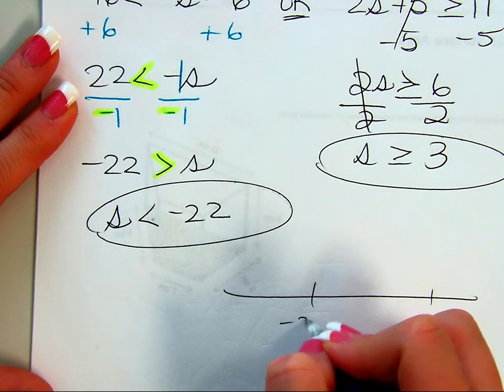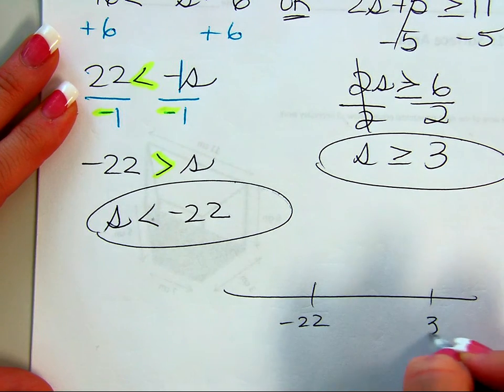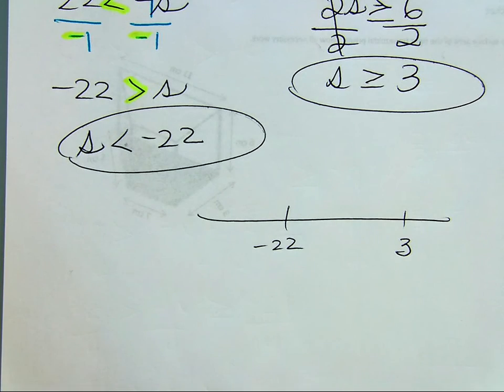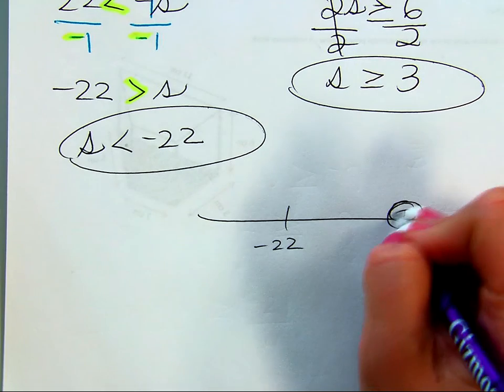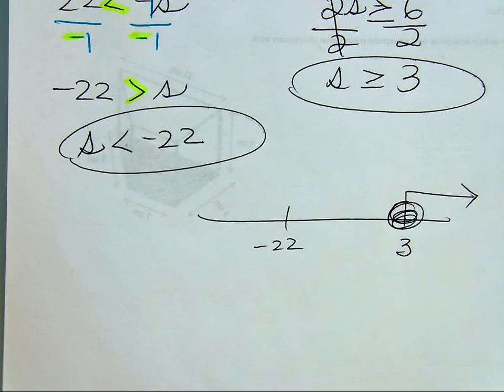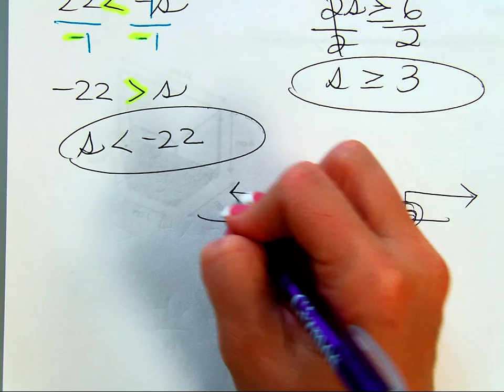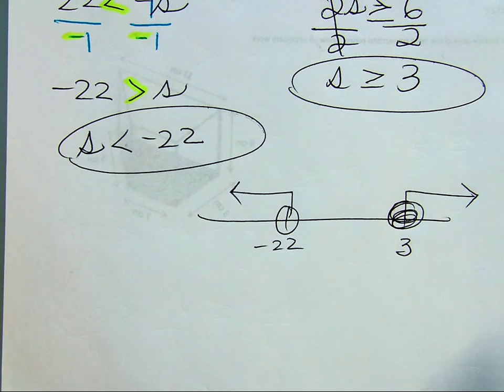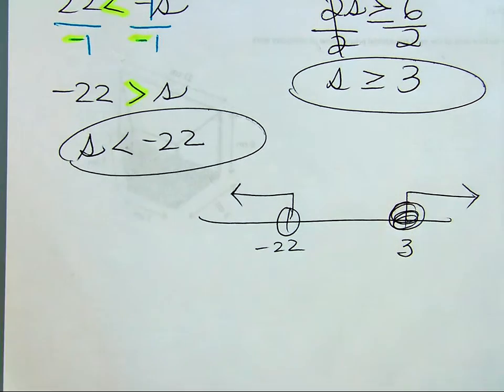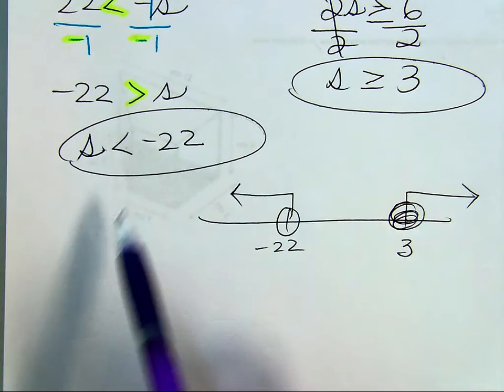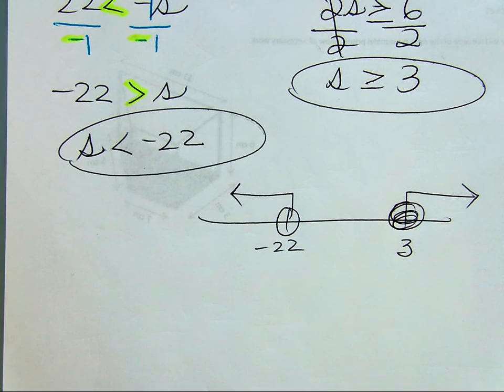Negative 22 is over here. 3 is over here. Here's all the numbers greater than or equal to 3. Here's all the numbers less than negative 22. So basically, it just can't equal any of those numbers in between. Or your answer is just what you just solved it to be. It could be any number greater than or equal to 3 or less than negative 22. Got it?